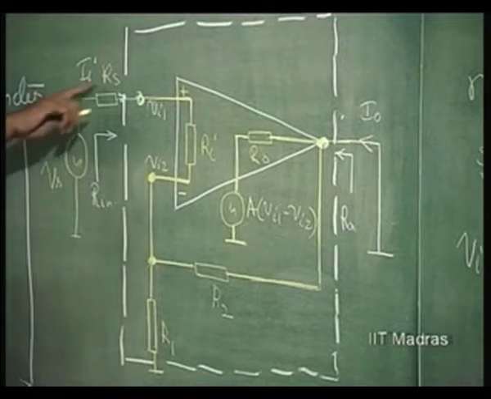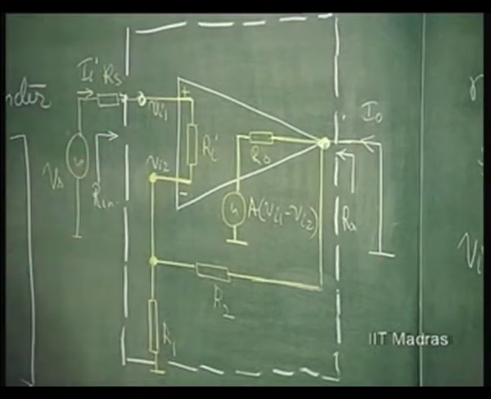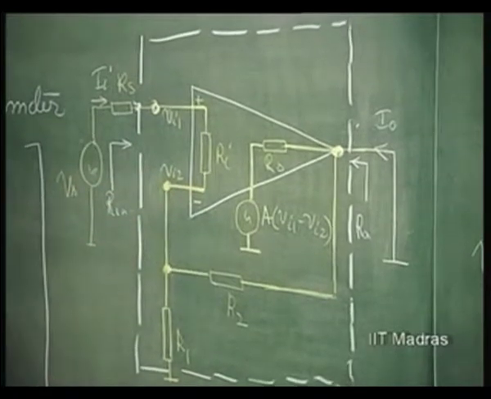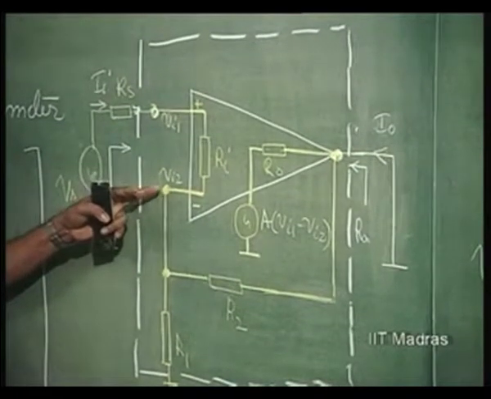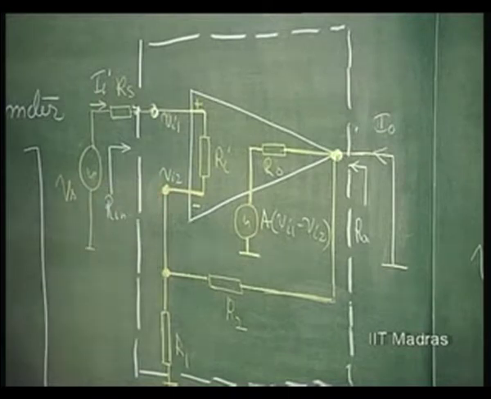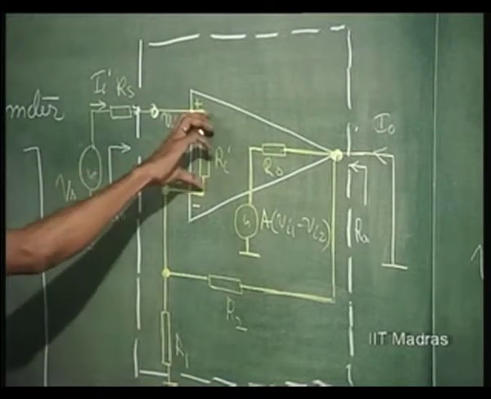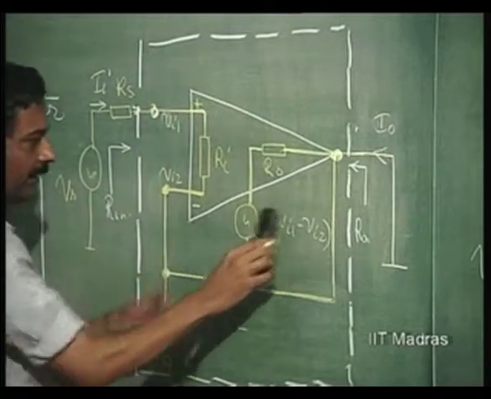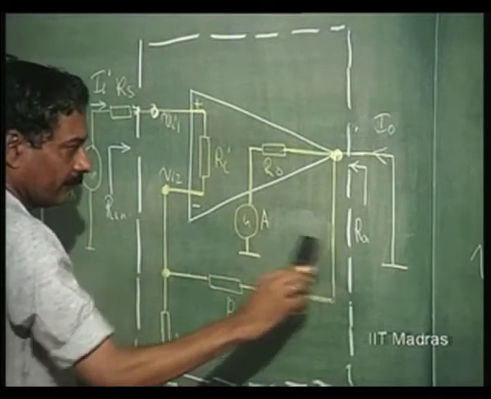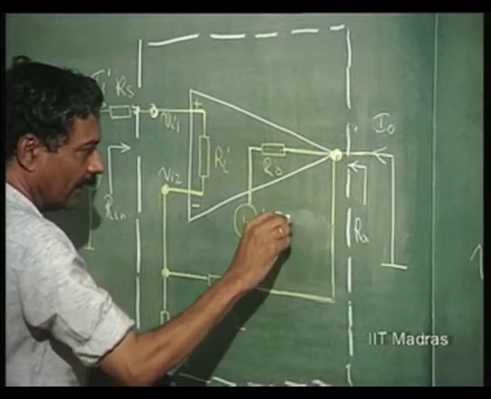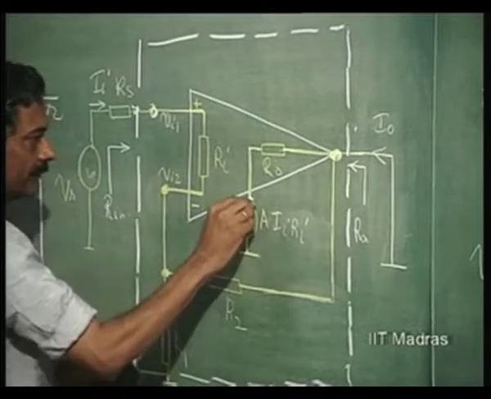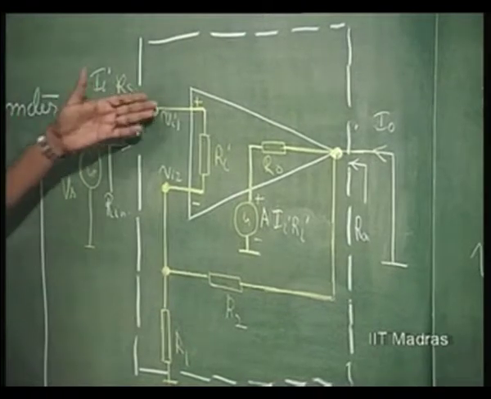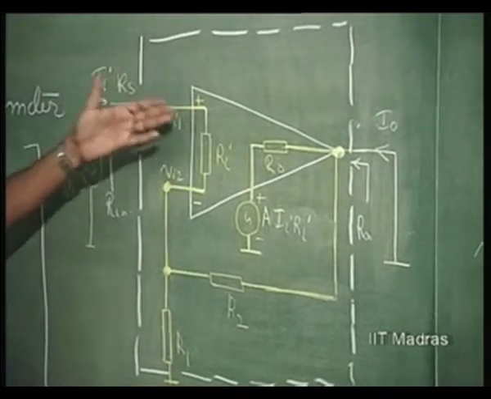If Ii is the input current, this Ii will flow through Ri and develop a voltage Vi1 minus Vi2 as Ii into Ri. So this voltage is Ii into Ri because the current Ii is flowing through it.